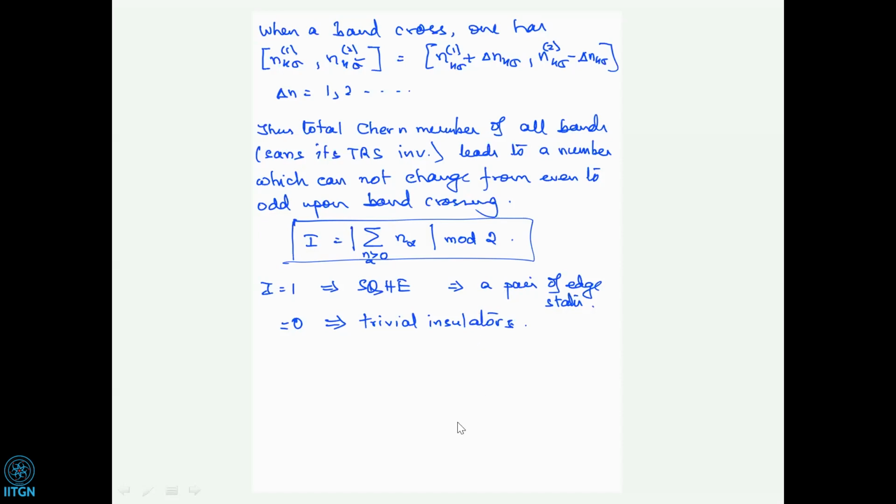Now, the point is that what we saw in the previous classes is that corresponding to a spin Hall insulator, there is a pair of edge states which move, which have opposite chirality.